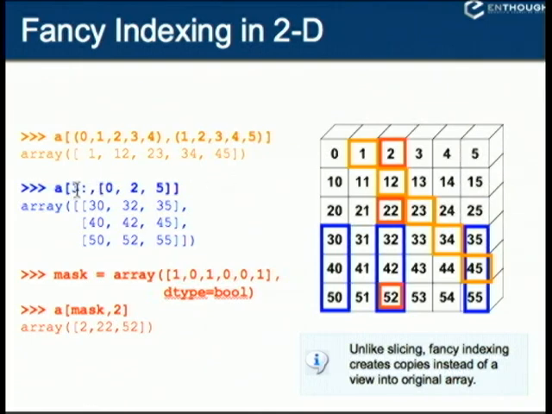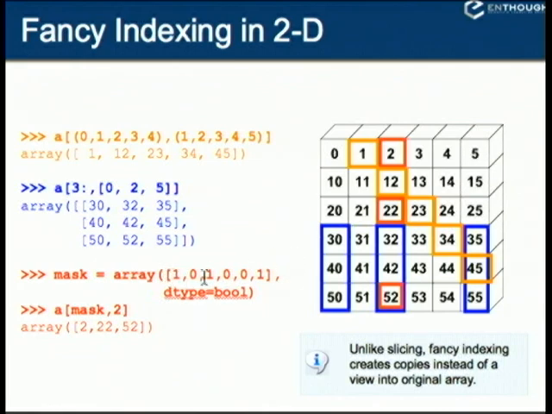Here we're slicing in the first dimension, but we're indexing with a list in the second dimension. So that's fancy indexing, so it's going to give us a copy. Here's a mask. Those of you who have used NumPy much have probably seen masks before. You'll see it in the exercise for those who care to work in that section.